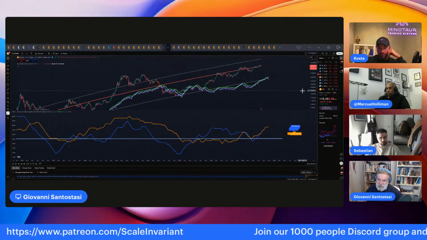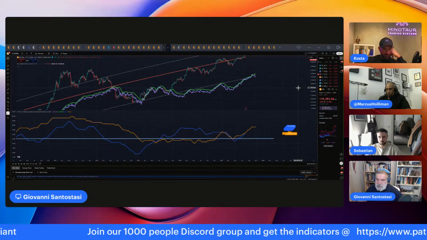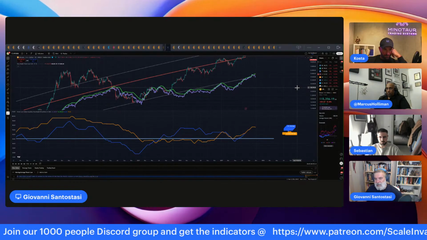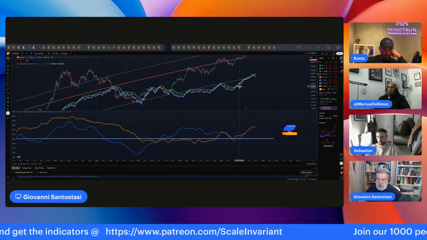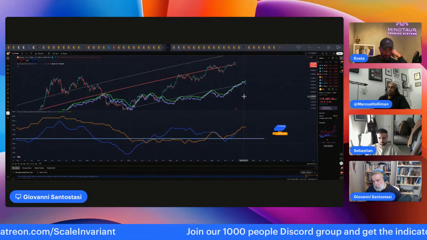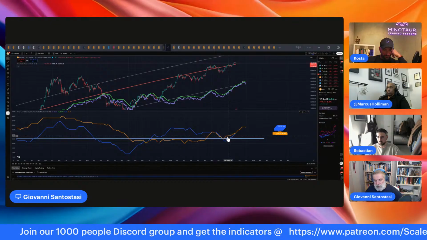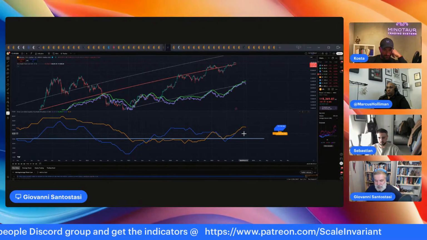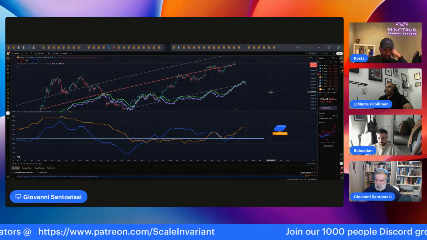Now, it turns out I did a little bit deeper analysis. It's close to 70%. 70% of the time when the global liquidity goes up, the price also goes up. So directionally, it's a good indicator of what to expect over a relatively short amount of time.